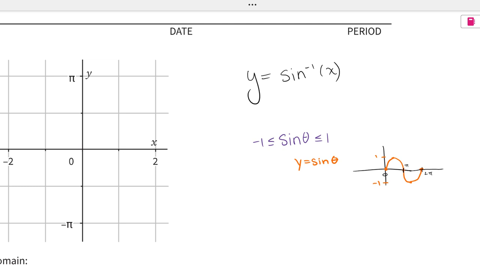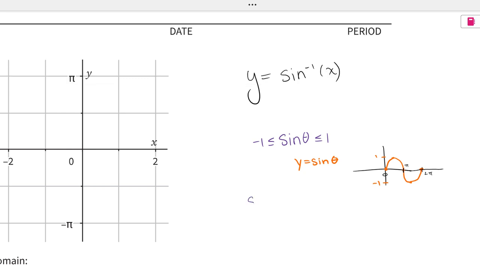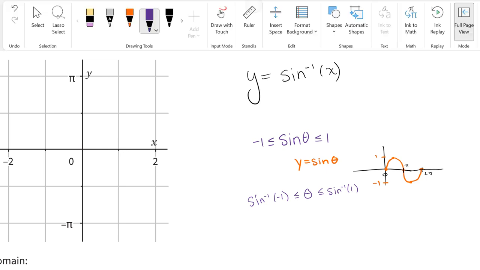So first of all, what can I do if I take the inverse of all these to get the theta by itself? I do the inverse of everything. Sine. So notice theta is between sine inverse of 1 and sine inverse of -1.